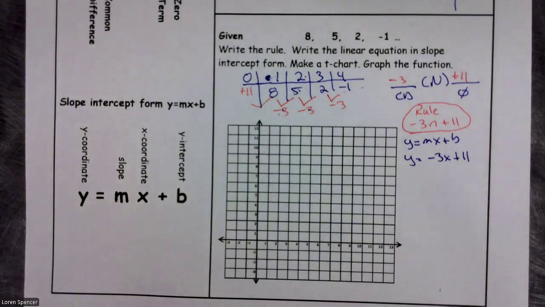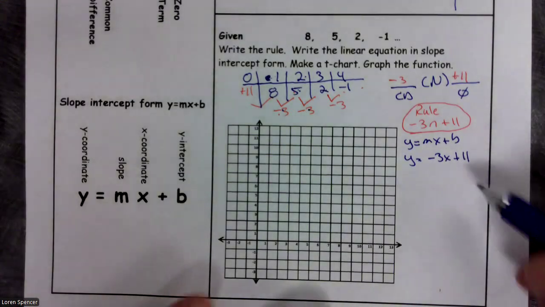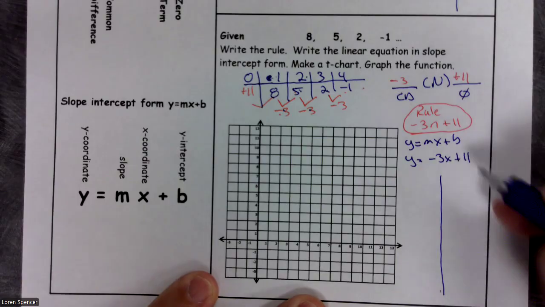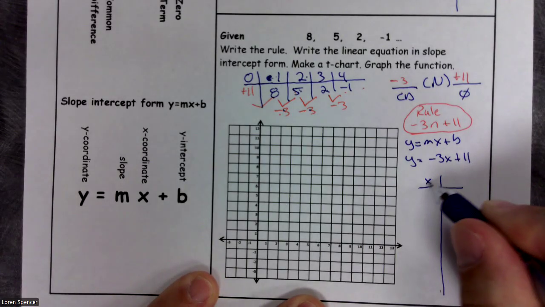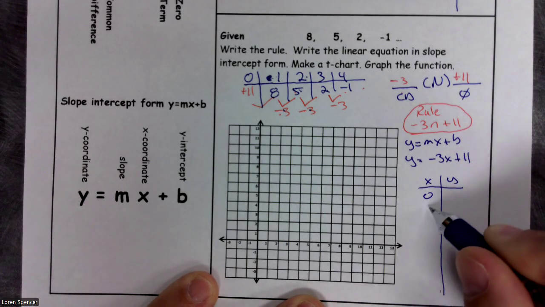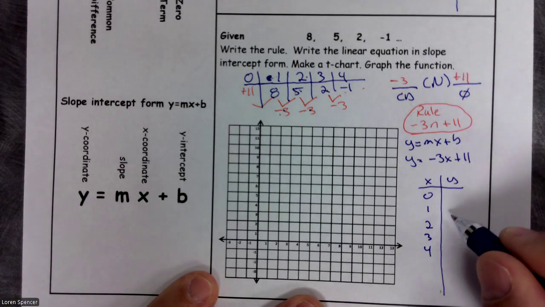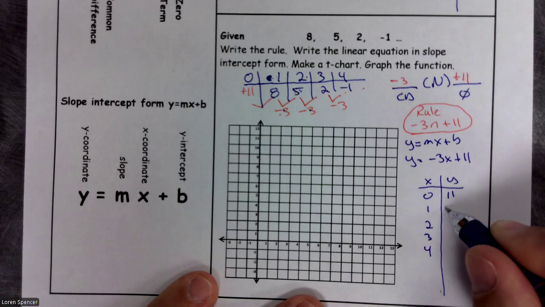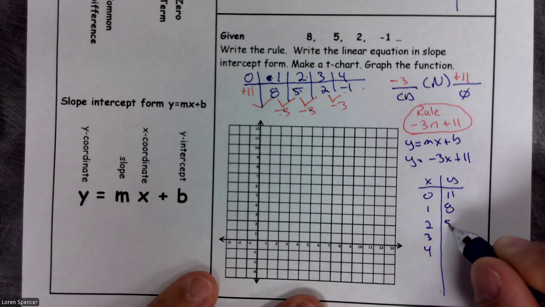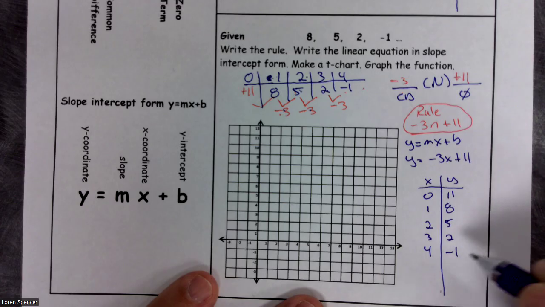And lastly, let's go ahead and make our t-chart. X, Y, and we have 0, 1, 2, 3, 4 points. And then we have 11, 8, 5, 2, negative 1.